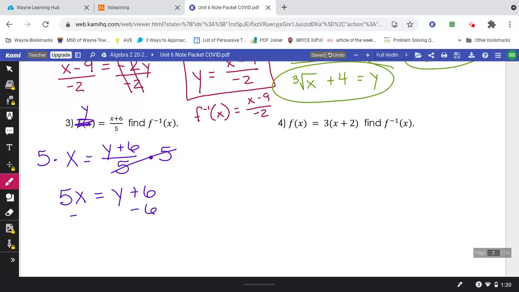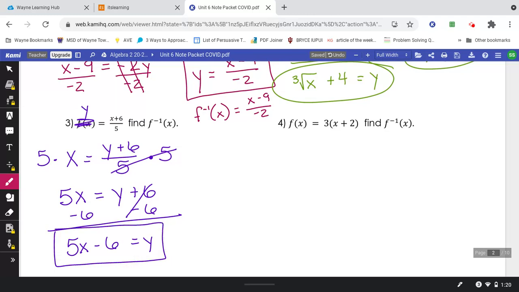And then you could subtract 6 from both sides. 5x minus 6 equals y. Or you could write your answer as y equals 5x minus 6, or even as f to the negative 1 equals 5x minus 6.